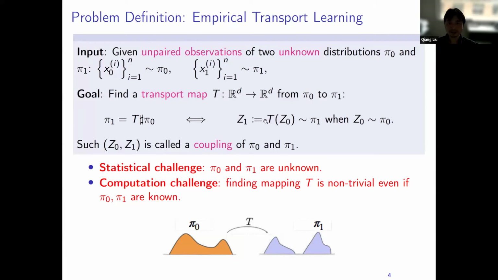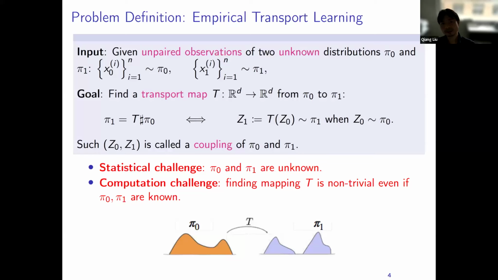So this is finding a transport mapping between two distributions, right? This is an empirical version of the distribution transport problem, because we don't really know both distributions, pi0 and pi1. We only observe them from samples. So this is really a statistical problem.